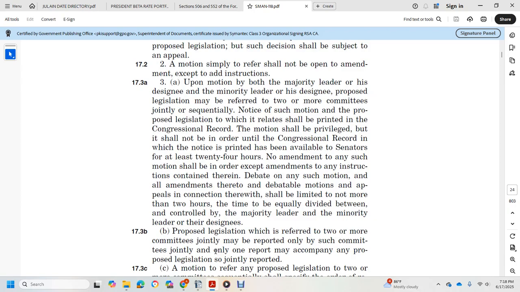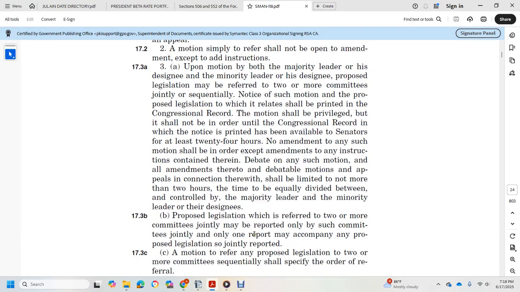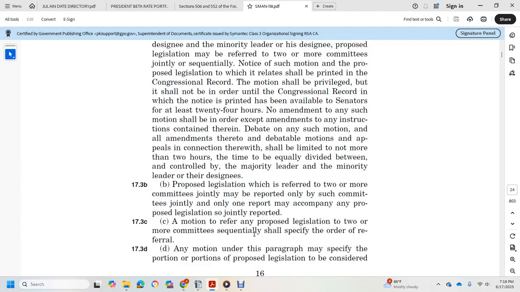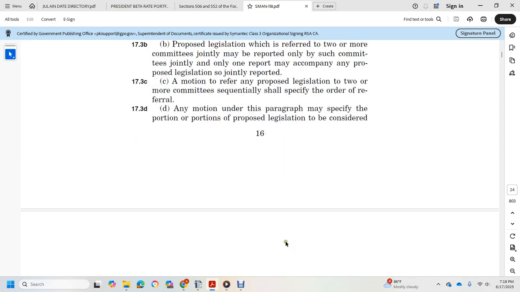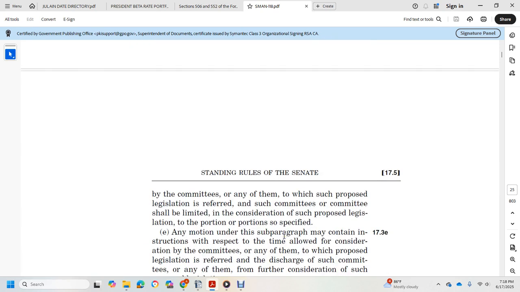Proposed legislation which is referred to two or more committees jointly may be reported to the Senate only by such committees jointly. One report may accompany any proposed legislation so jointly reported. A motion to refer any proposed legislation to two or more committees sequentially shall specify the order of referral, and a motion under this paragraph may specify the portion of proposed legislation to be considered by any of the committees to which the legislation is referred.